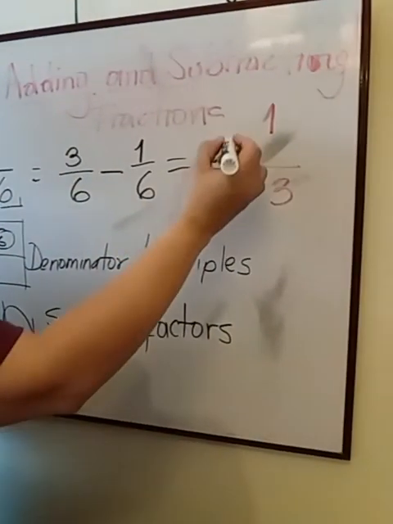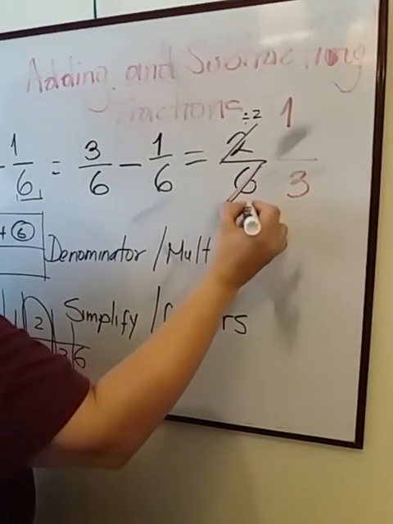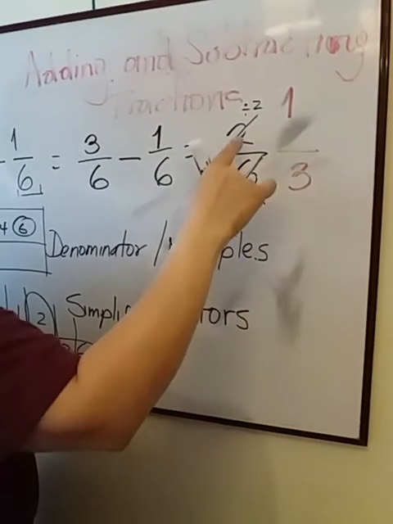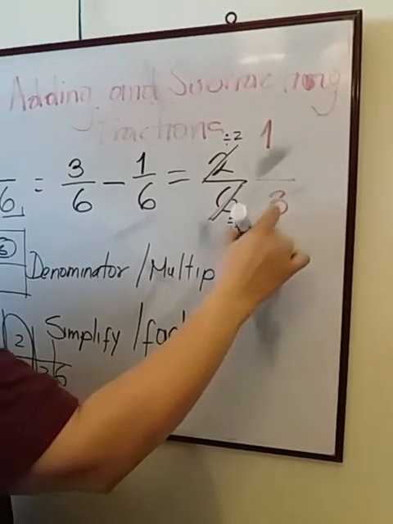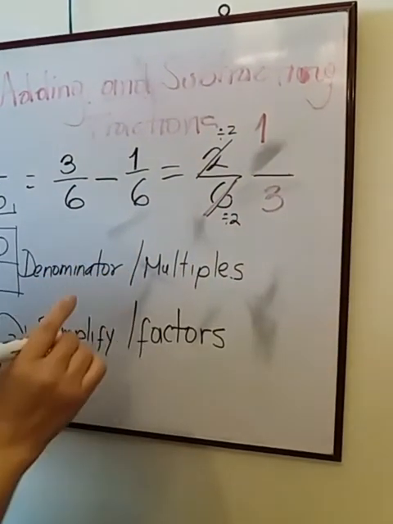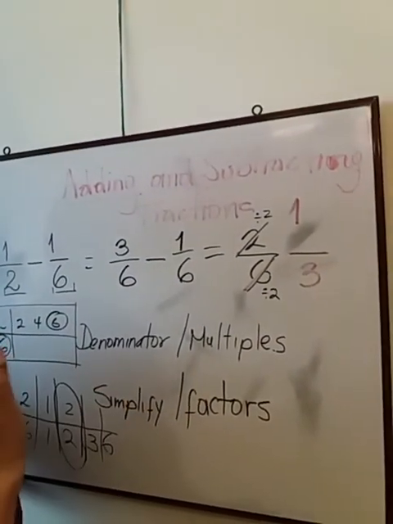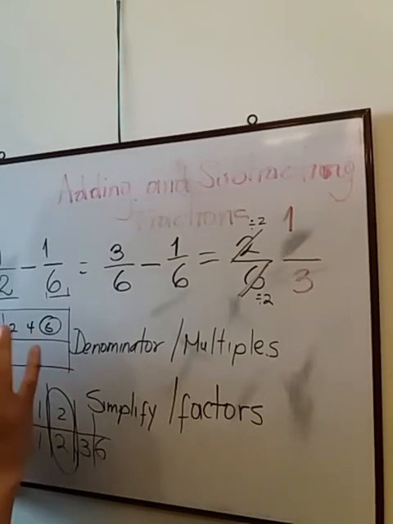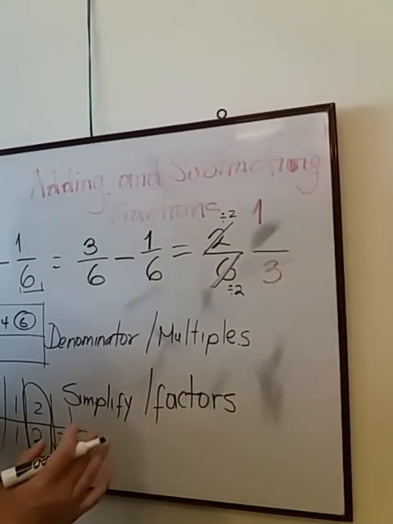That's why in here I divide by 2. 2 divided by 2, 1. 6 divided by 2, 3, and I give the answer of the subtraction in simplest form. Always the answer of a subtraction is given in simplest form.